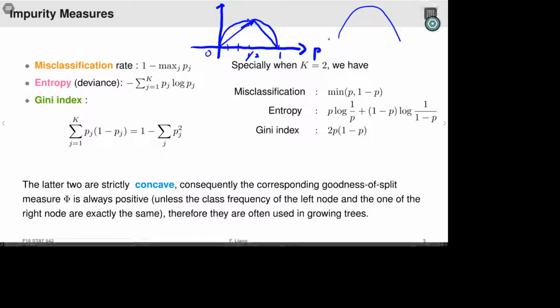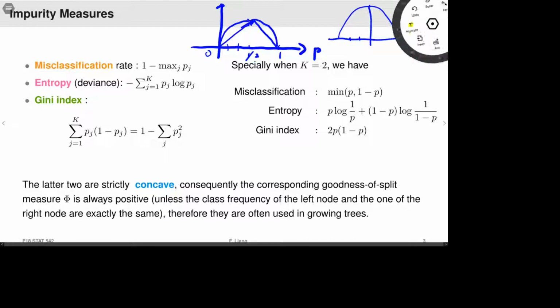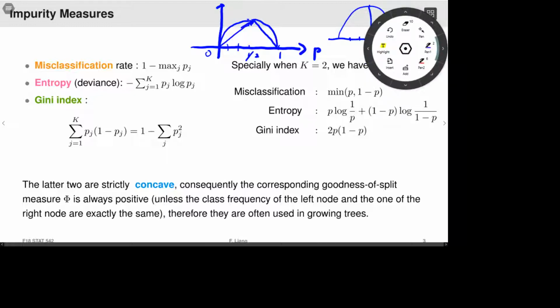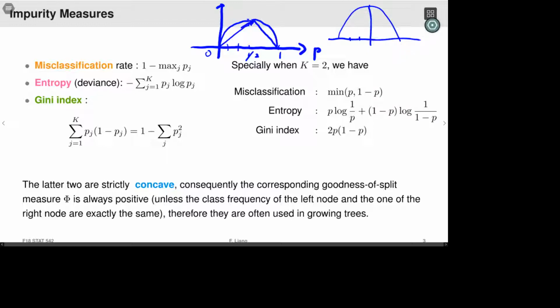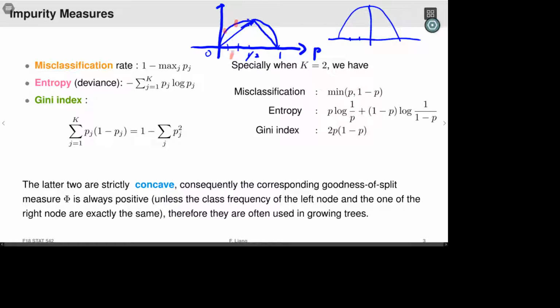Now, if you have a concave function, you have two locations, which are the percentages of the left and right in terms of the p. Let me draw a piece of that. So if you have something here and here, with a concave function, in some sense what you are evaluating is at your parent node.